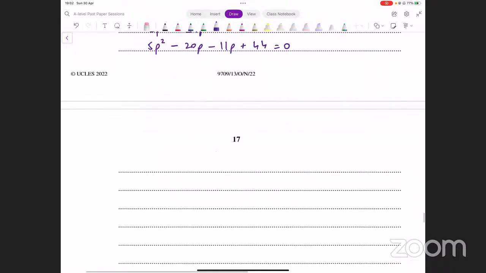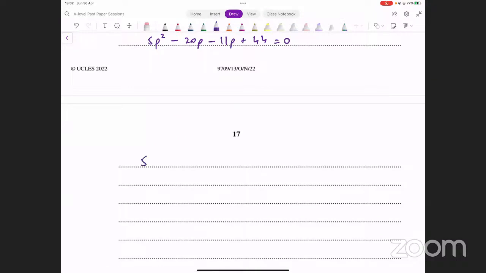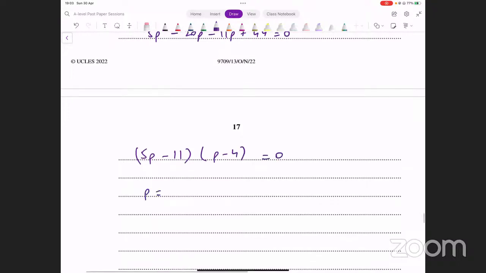We get two factors from this: 5P minus 11, and the other is going to be P minus 4. Okay, we get two values for P from this. P equals 11 over 5 or P equals 4, and that's what we were looking for.